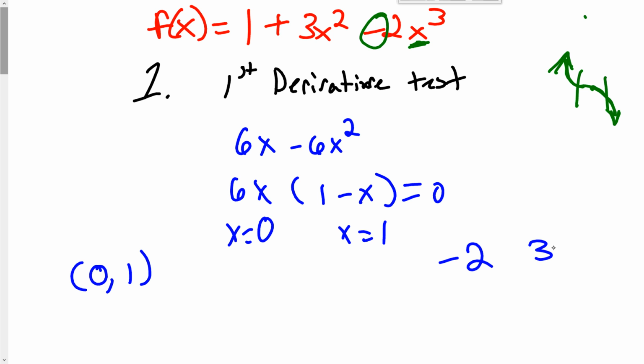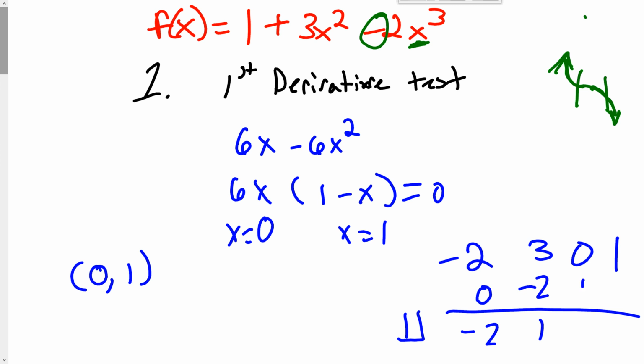Exponents 3, 2, 1, 0. So 1 would go in the box. What's nice about 1 is you don't have to do synthetic division. All you have to do is just add up. So we get 2. So those are my 2 points that I could plot on a graph.